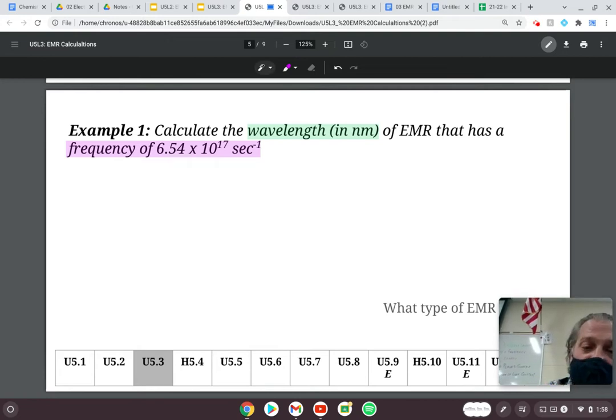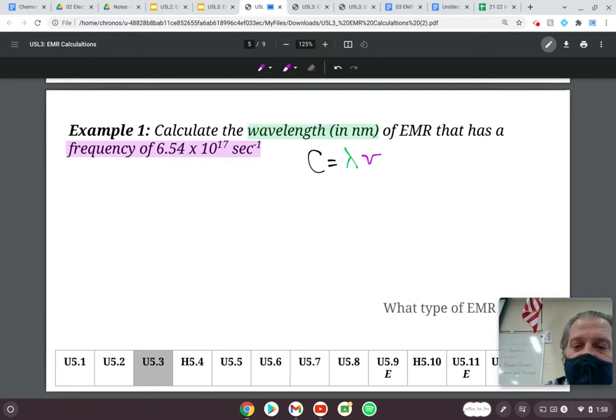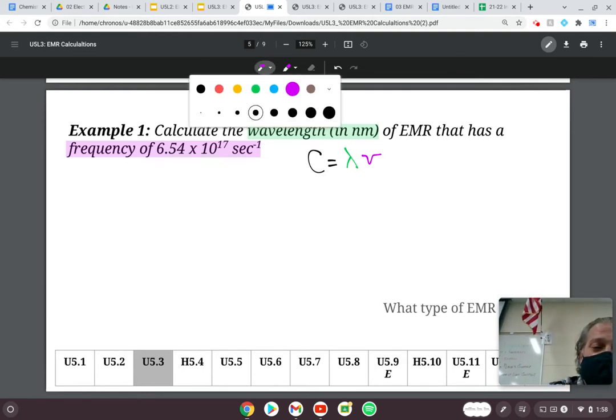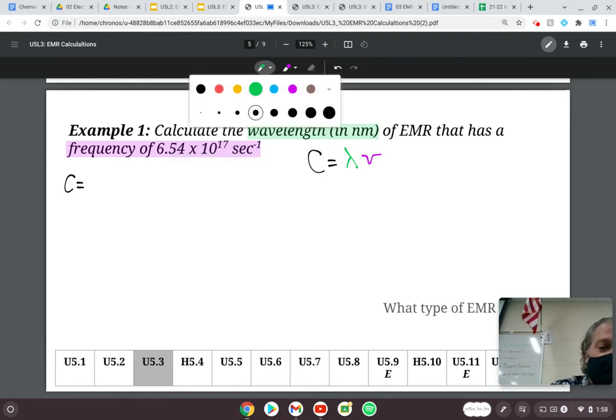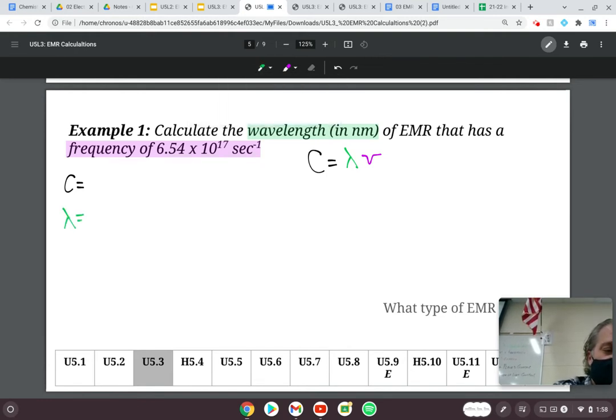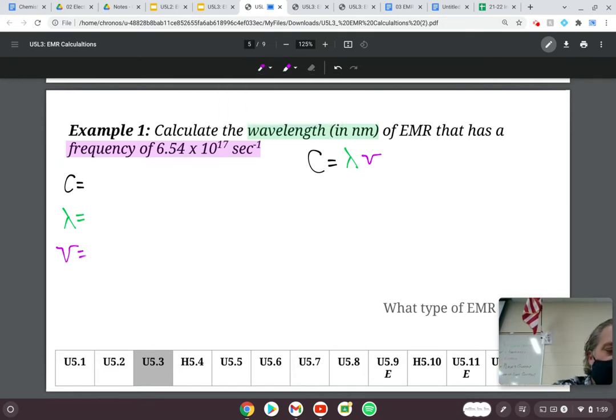Now, in this problem, I know that I'm going to be using the formula C is equal to wavelength times frequency. I'm going to take the time to identify my variables off to the side, because sometimes it's easier to see when they're all in the same spot. And let's be real, nobody likes to read math problems.